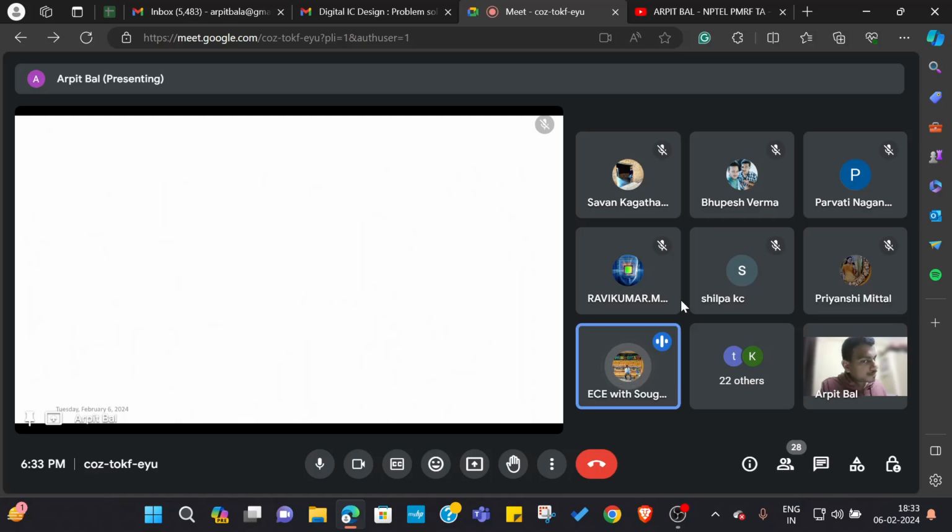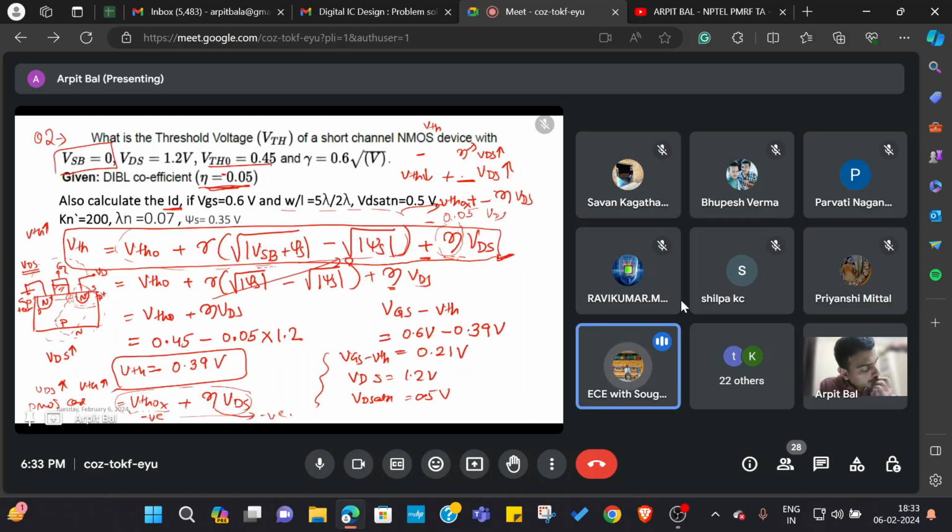Yes, sir. In case of NMOS VDS is positive, so threshold voltage will reduce, but in case of PMOS VDS is negative, so threshold voltage will increase. Yeah, you can use that sign convention as well, whichever you find comfortable. Is that clear?